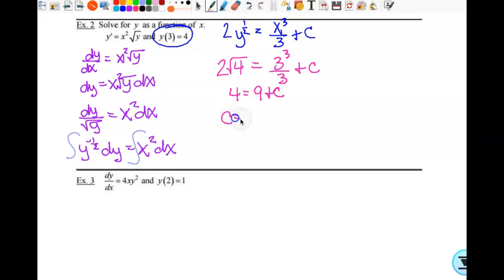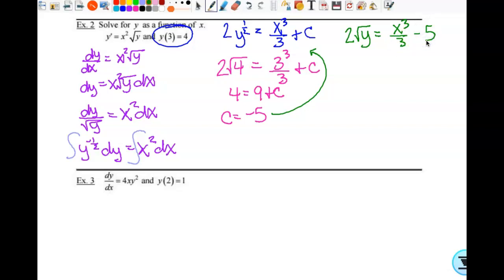So c is equal to -5. Okay? Now that I have that, I'm going to substitute it into here. And now I need to solve for y. I'm going to substitute it in first, but I get 2, and I can go ahead and say the square root of y if I want, equals x cubed over 3 minus 5.